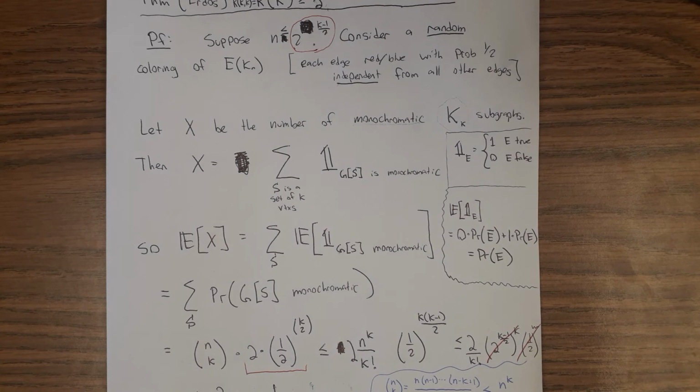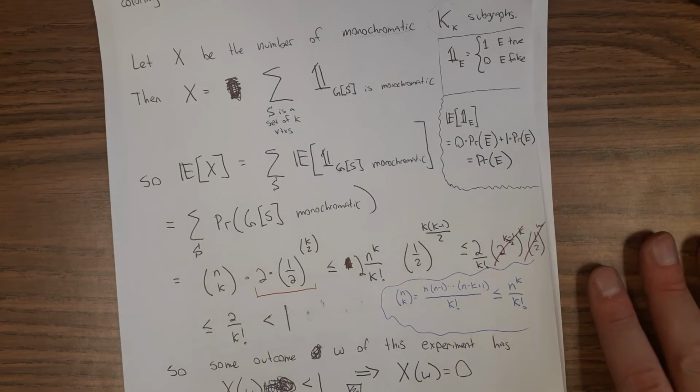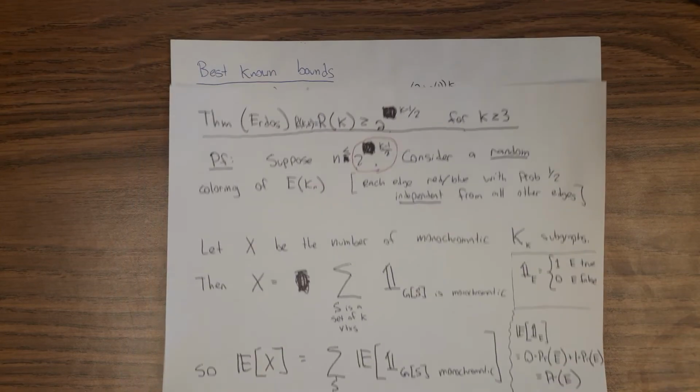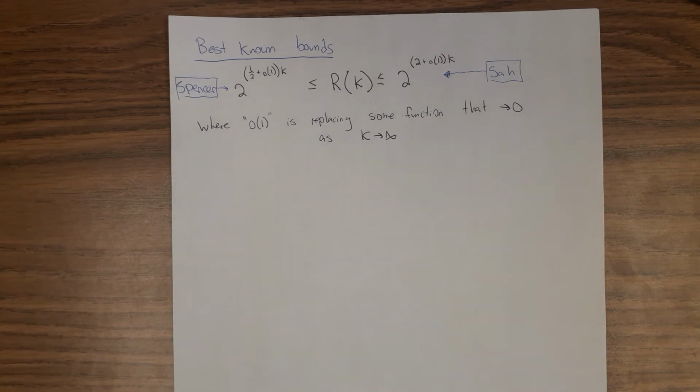In other words, you don't have any red set of size k vertices or blue set of size k vertices. And that's it. We did it.